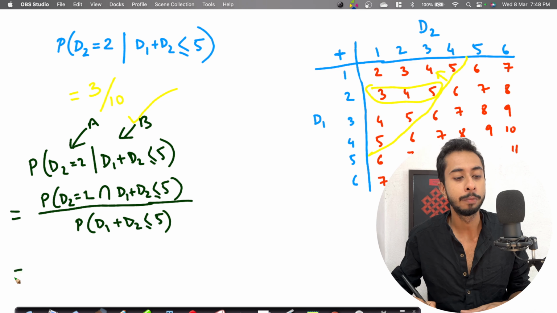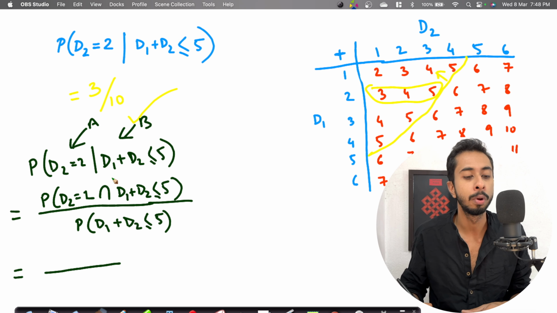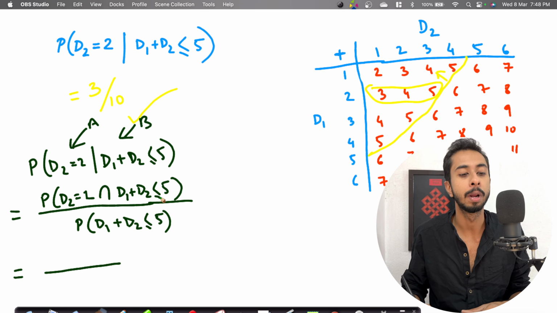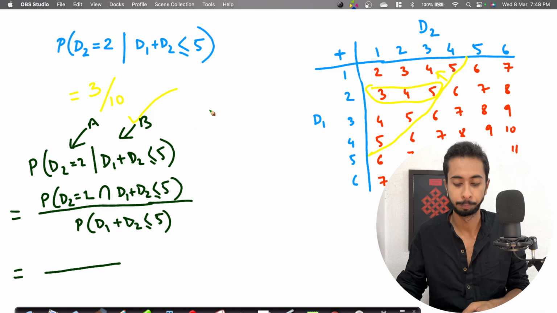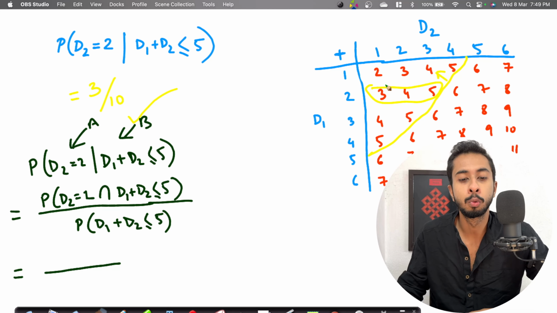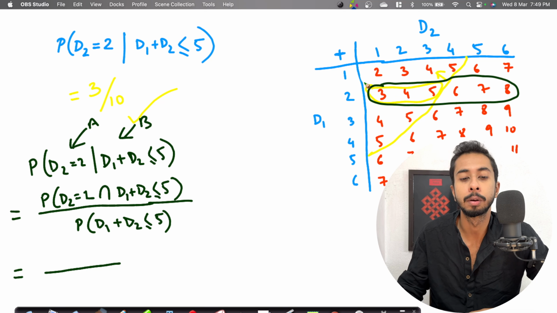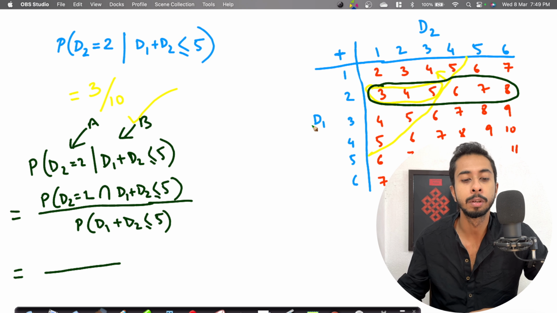Now, if we fill this up, what happens? So the probability of D2 equals 2 intersection D1 plus D2 less than or equal to 5, what is it? Tell me. So here you look here. D2 equals 2 means this entire thing, forget about the yellow color. Just focus on the black. So focus on this. This is D2 equals 2. And what is D1 plus D2 less than or equal to 5?